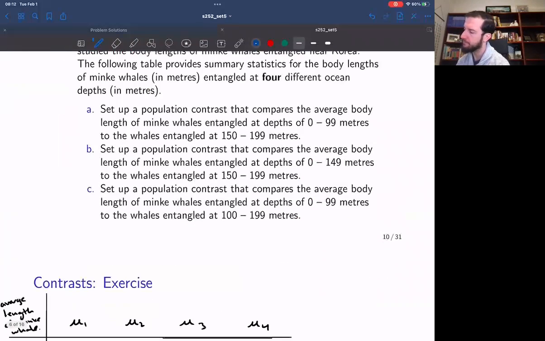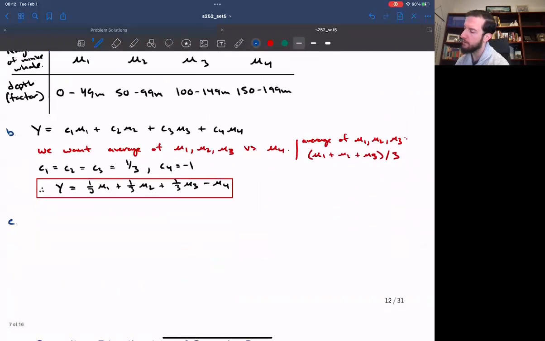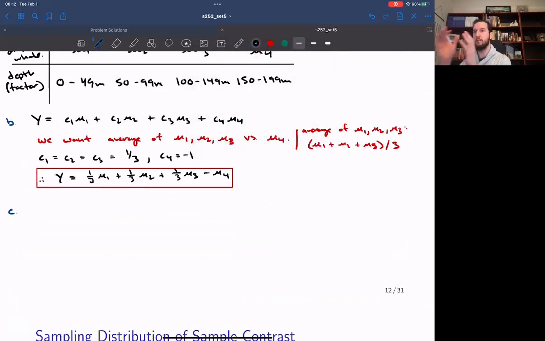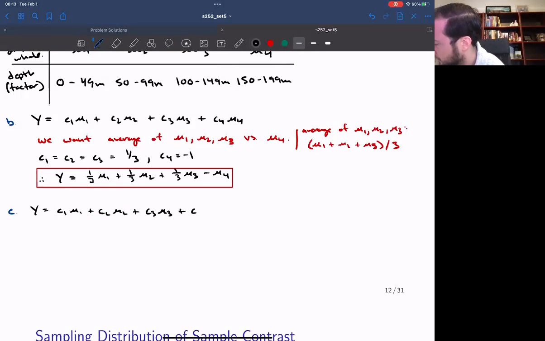Okay, in part C, it says, set up a population contrast that compares the average body length of minke whales entangled at depths of 0 to 99 meters to whales entangled at depths of 100 to 199 meters. Okay, so in this situation, we're going to be comparing the average of the first 2 depths to the second 2 depths. So again, we have gamma equals C1 mu1, C2 mu2, C3 mu3, C4 mu4.